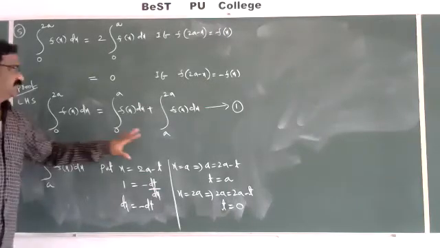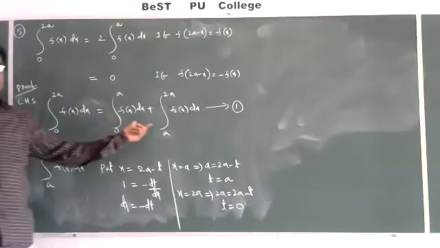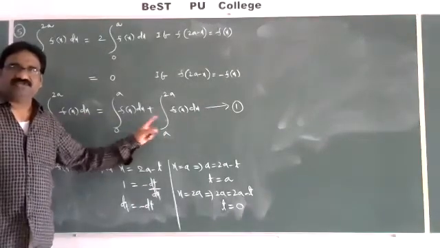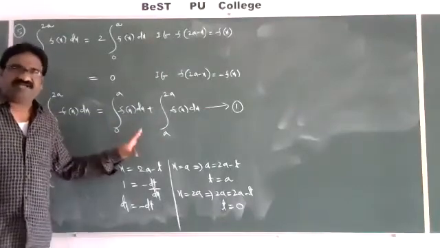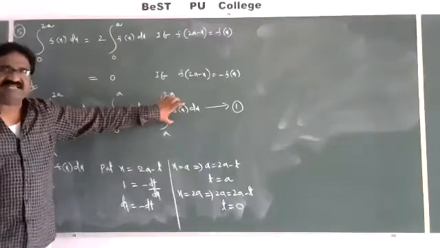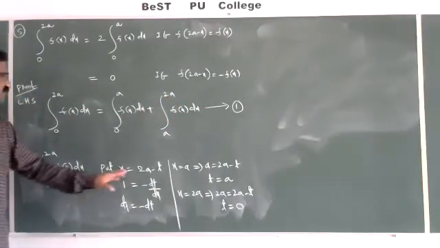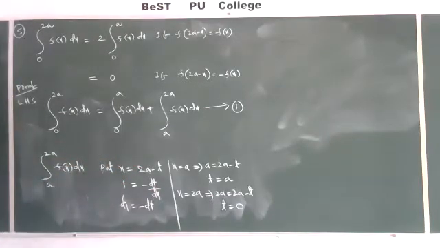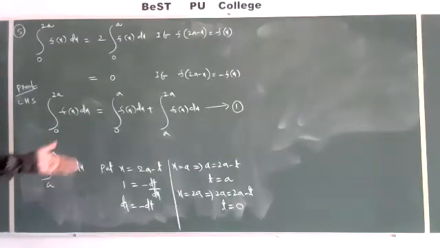So here, this is the equation, the sum of the two integrals by using the second property. In that equation, we take only this integral separately. With substitution x is equal to 2a minus t, you get dx is equal to minus dt, and the lower limit is a and the upper limit is 0.